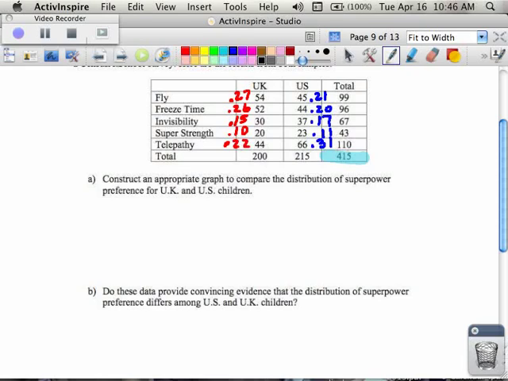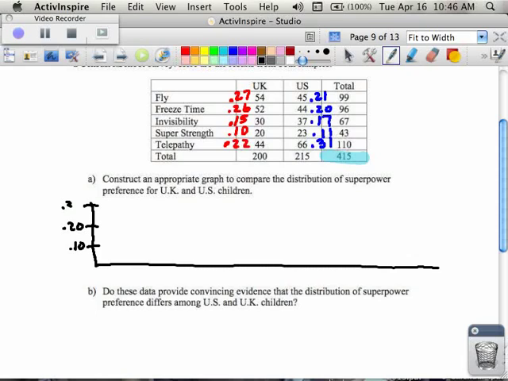So as I make my table, the highest proportion that I see is 0.31, so I'm going to go with 0.10, 0.20, 0.30, and these are the proportion of children 9 to 17.